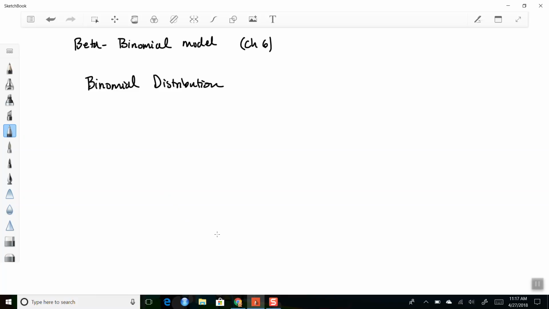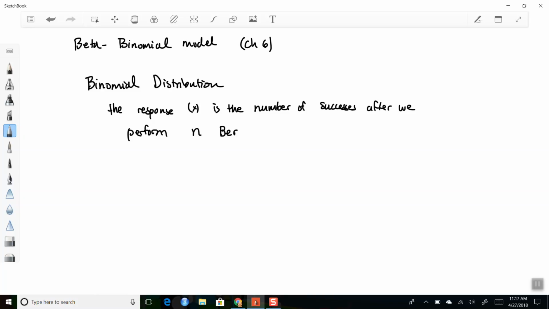We use the binomial distribution to talk about the response, our x, which is the number of successes after we perform n Bernoulli trials.